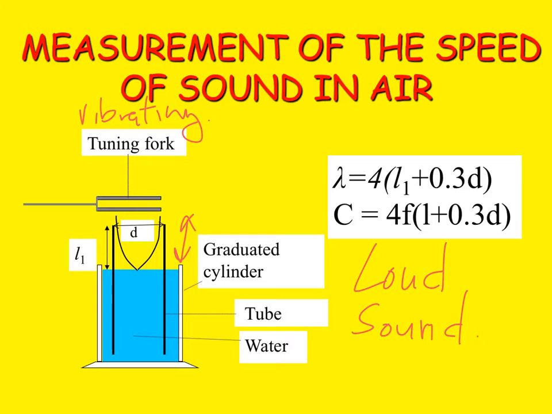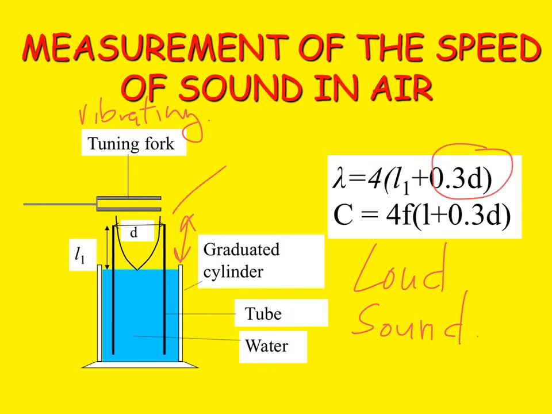When you get the loud sound, you measure the distance from the liquid surface, the water surface, to the top of the tube. But you also have to remember to measure the diameter of the tube, because that's used in this section here as the end correction.